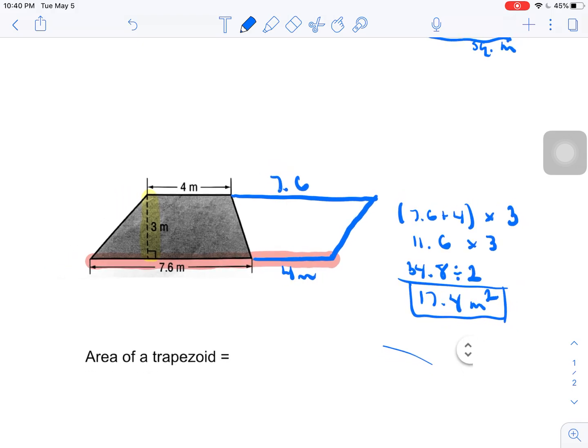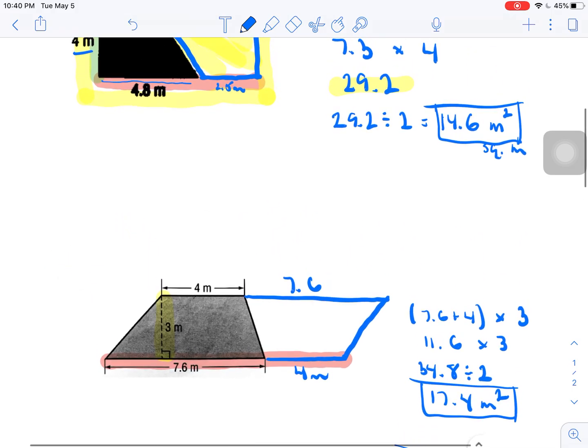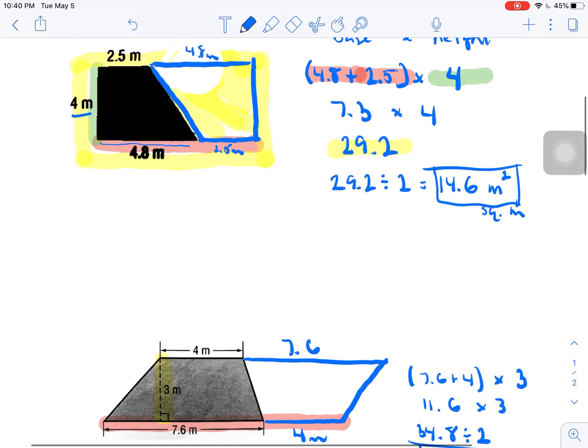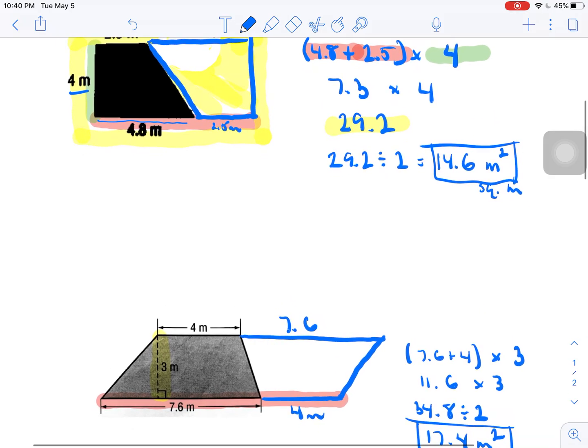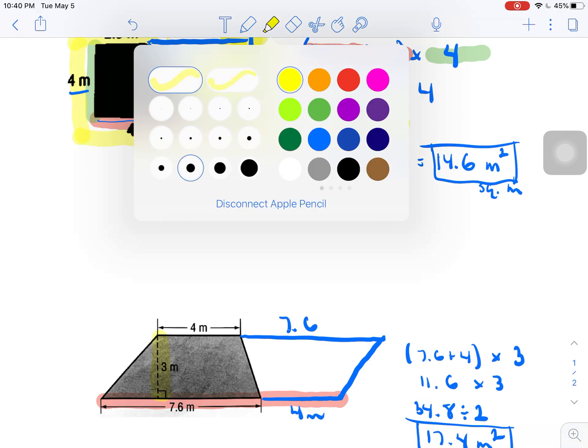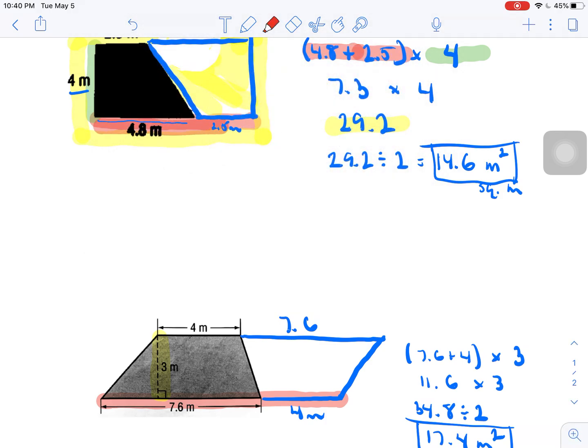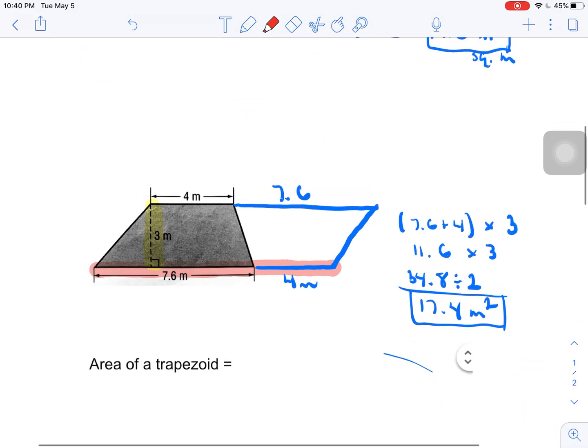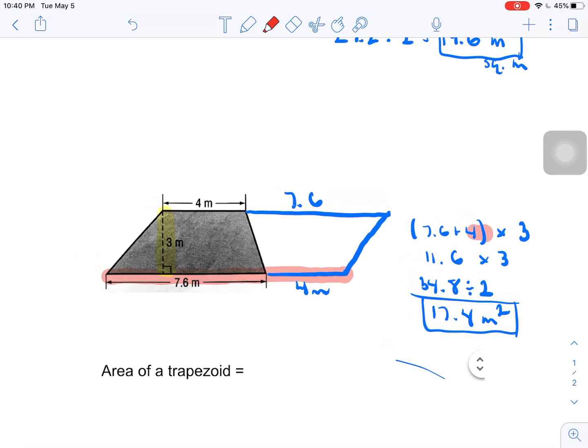So if you notice, when we flip our trapezoid upside down, in order to get the base of the new shape, so that's kind of the red part here, and then again right here and right here, because we have a right side up trapezoid next to an upside down trapezoid, the base of the parallelogram that we make ends up being the top base and the bottom base of the trapezoid added together.